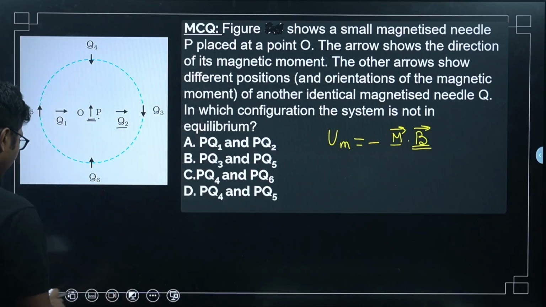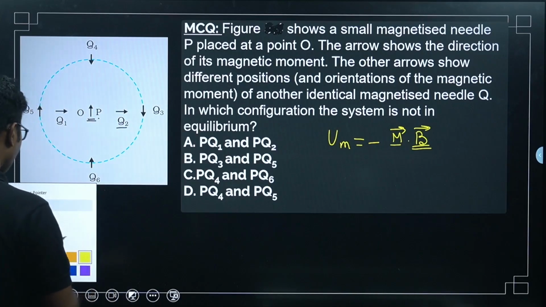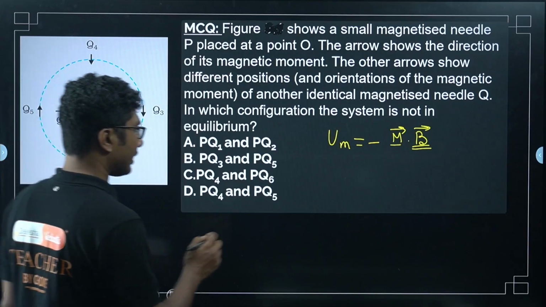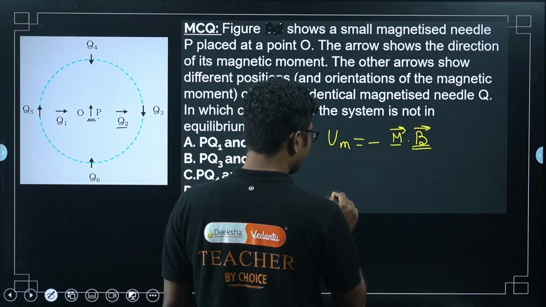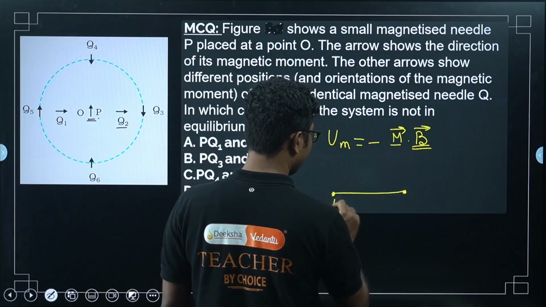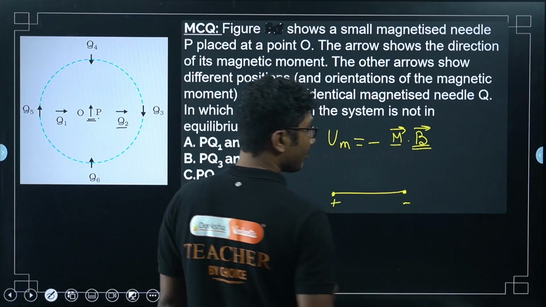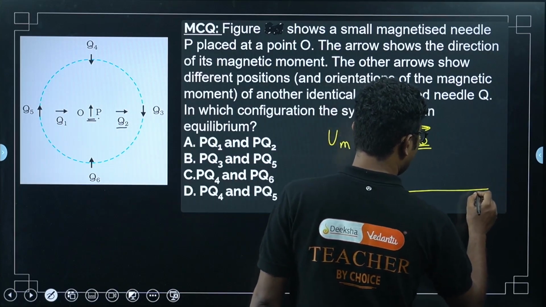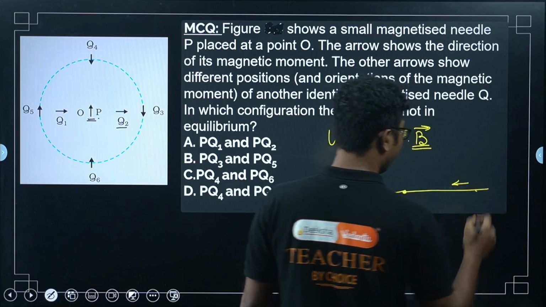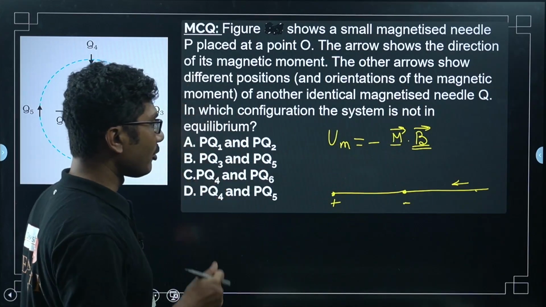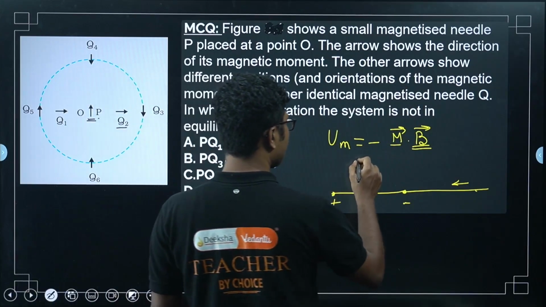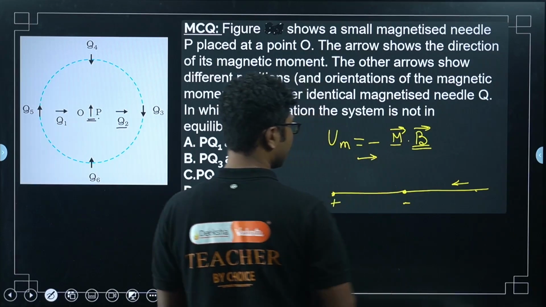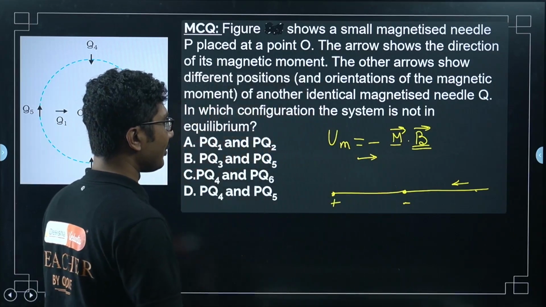Right, now remember the dipole case, the electric dipole. There was a positive and a negative charge. The dipole moment was from negative to positive, and if you put a charge here, the electric field was from negative to positive in this case, and if you put a charge here, it is in this direction, opposite to that of the dipole moment, right?